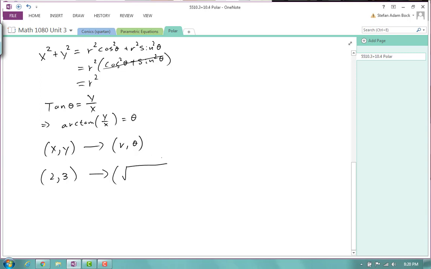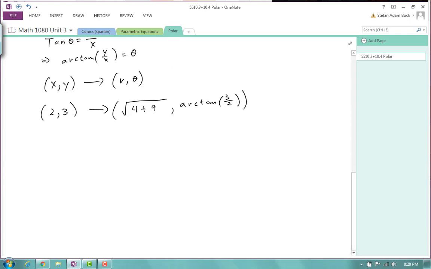So this is the square root of 4 plus 9, comma, arctangent of y over x, which is 3 divided by 2. But the range of arctangent is only between negative pi over 2 and positive pi over 2. And technically, if I take the square root to find out what the r is, I should have a plus or a minus there. So the ambiguity is present.